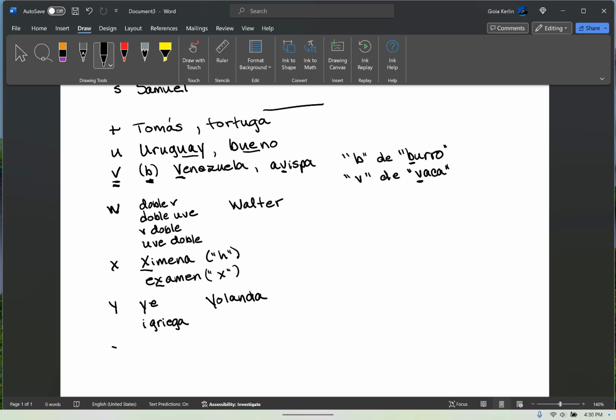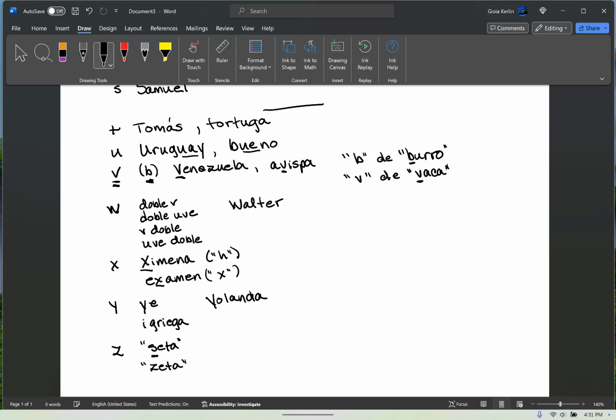Our last letter is Zeta or Theta. If you're from Latin America, you would say Zeta phonetically, okay? That's not how you spell this. That's how you pronounce it, like a Zeta. If you're from Spain, most parts of Spain, you would say Theta.